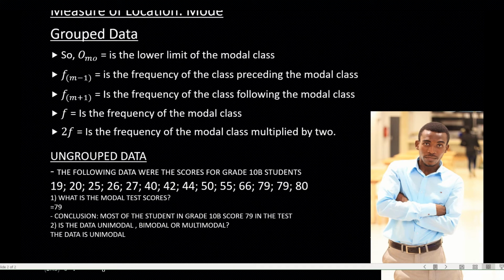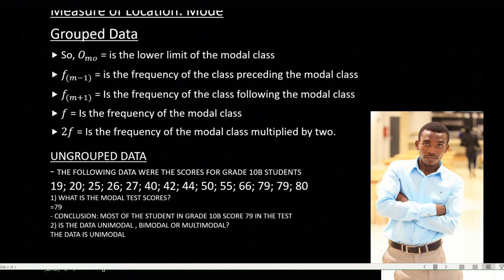They give you the following data for the scores for grade 10B students, and it is as follows: 19, 20, and so on. You can see these data are displayed in ascending order, from the smallest to the largest. It is very important that you always arrange your numbers in ascending order.